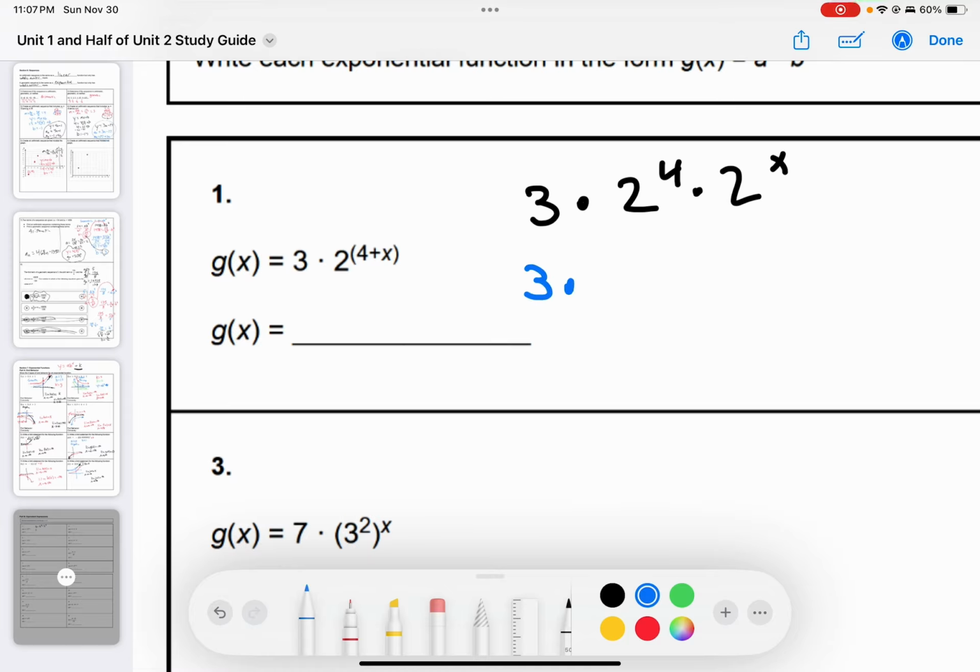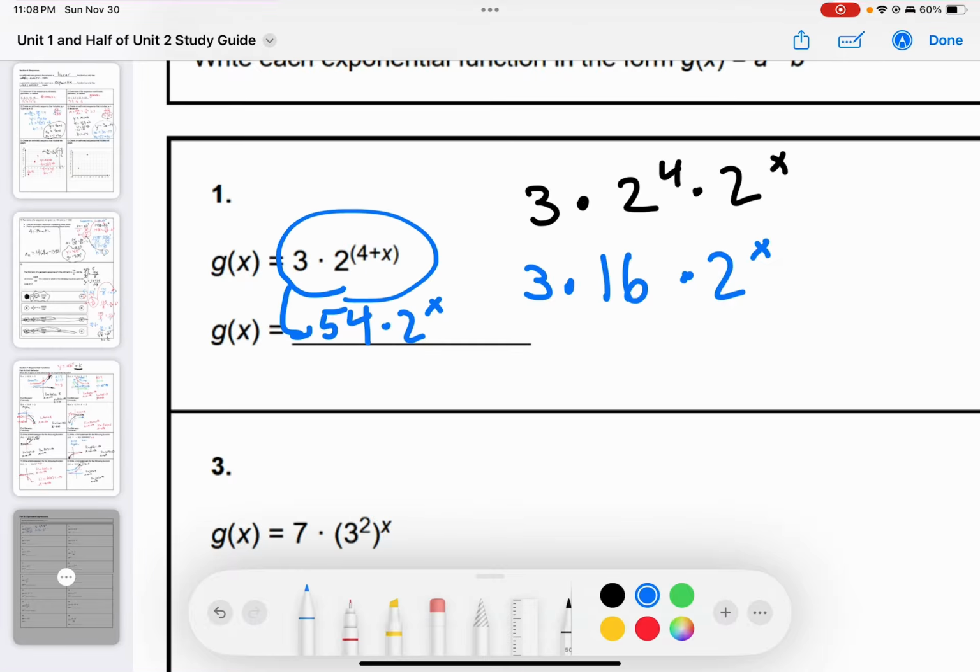So you rewrite this as 3 times 2 to the 4th, which is 2 times 2, which is 4, times 2, which is 8, times 2, which is 16. So it's 3 times 16 times 2 to the x. Well, 3 times 16, that's what, 54? So we could rewrite this as 54 times 2 to the x. So these two equations are equivalent to each other. The same thing.